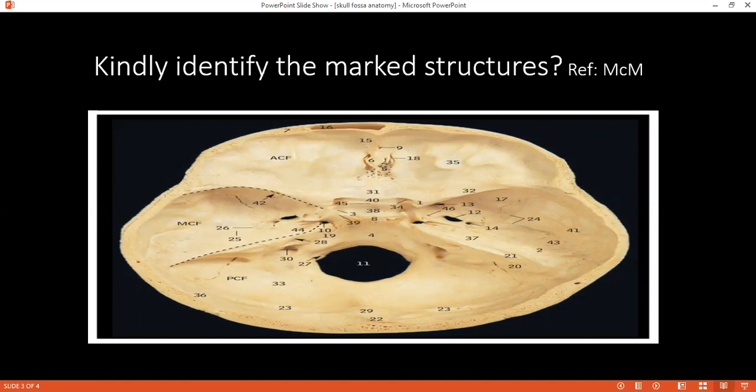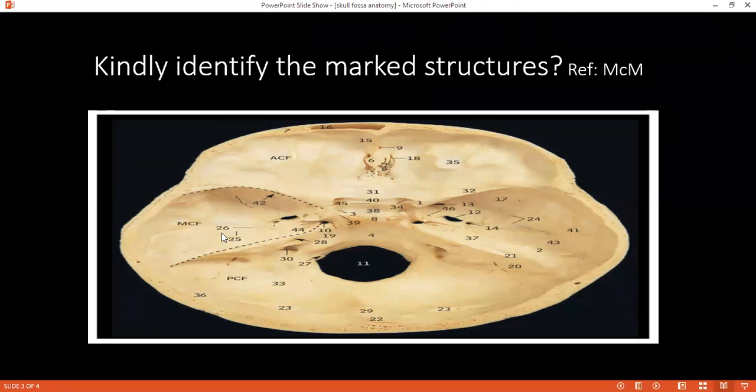Can you please tell me what the demarcations are which divide these cranial fossae? The anterior cranial fossa and the middle cranial fossa are divided by the lesser wing of the sphenoid bone. Would you be able to identify on this image which number represents the division between the anterior and middle cranial fossa?